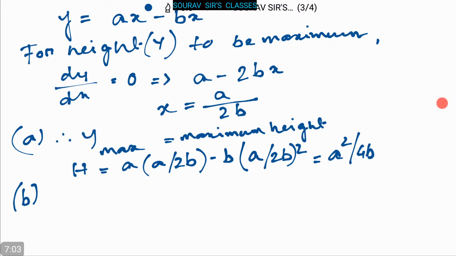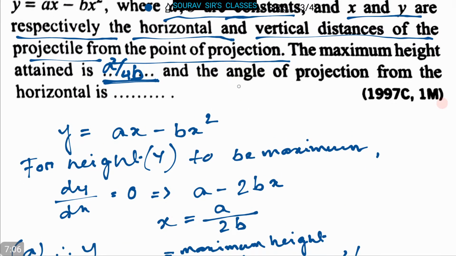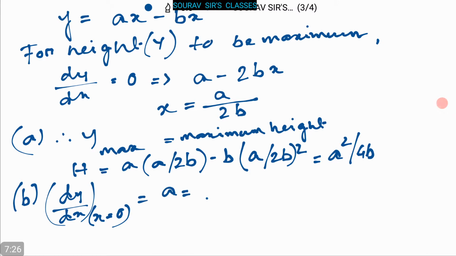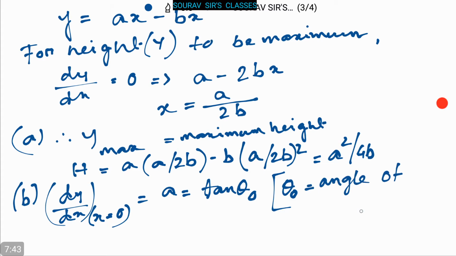Now for the second dash that was asked, the angle of projection from the horizontal, we have to put the value of x equal to 0 in dy/dx. At x equal to 0, dy/dx is a, which is equal to tan theta 0, where theta 0 is the angle of projection.